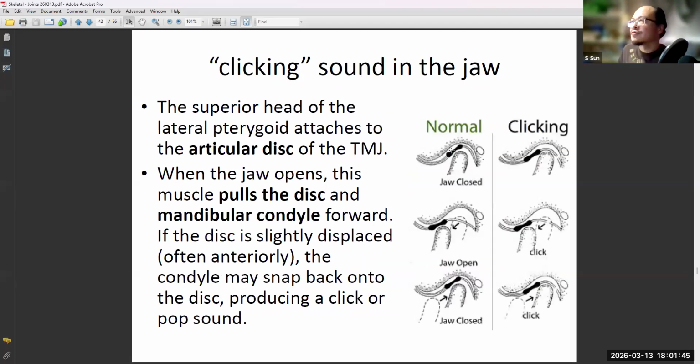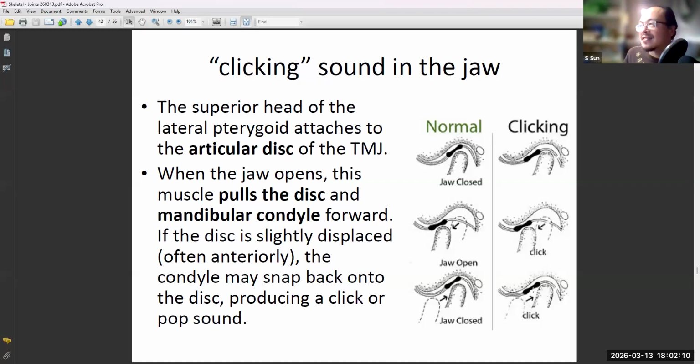So this one is normal. Let's look at normal first. When you pull it, the jaw closes, pull it, moving it away from this fossa, and then your lower jaw opens. Because this disc also gets pulled away, in some situations you can hear a sound.